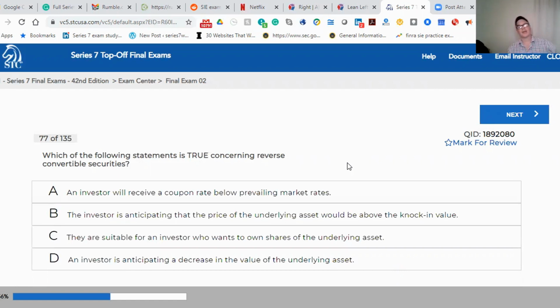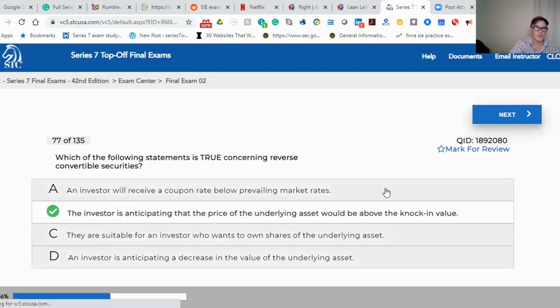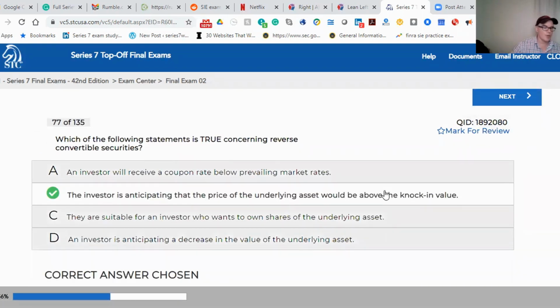So you're hoping that the asset goes up so it wouldn't get converted. Let's see if we're right. If the price goes down, they're going to convert and give you the stock trading at a lower price. But if it goes up, they say, we'll keep it. Remember, reverse convertible means the issuer makes the decision when to convert, and they'll do it when it's bad for you.